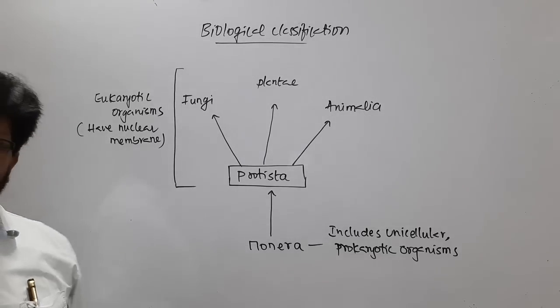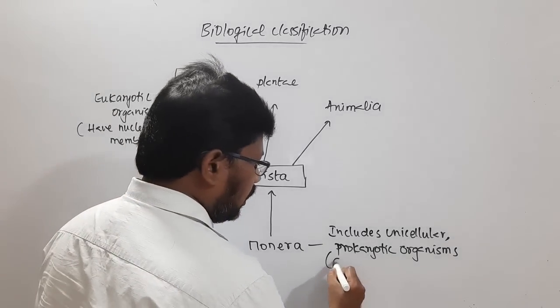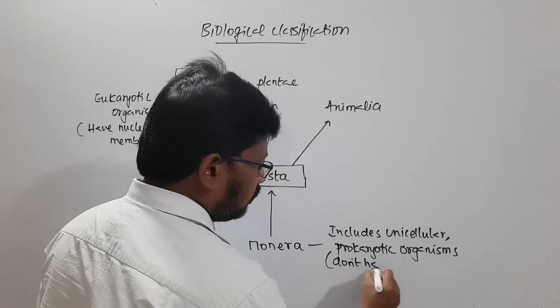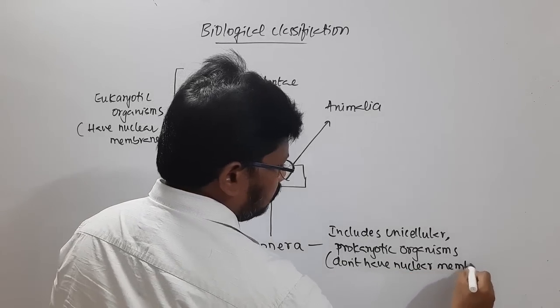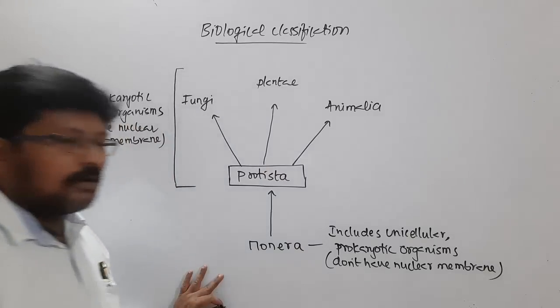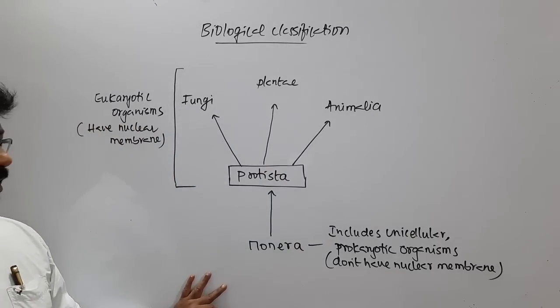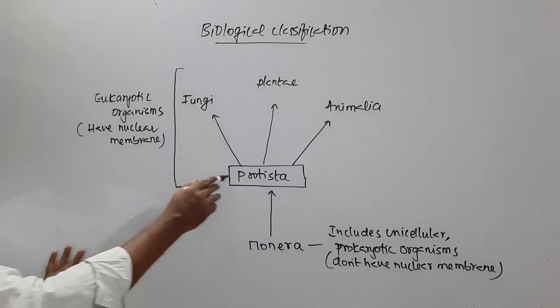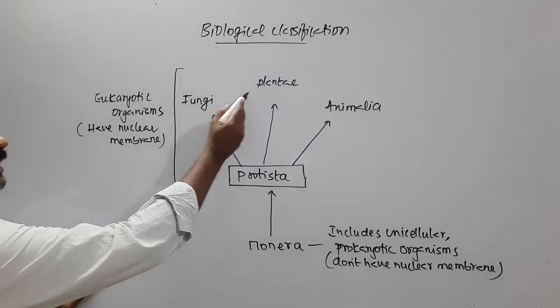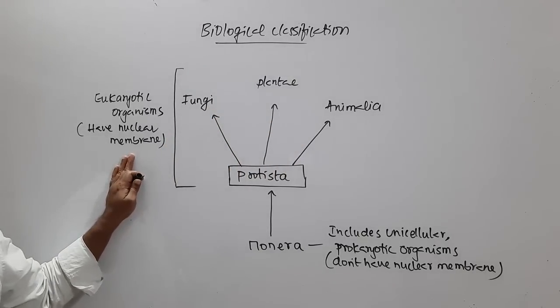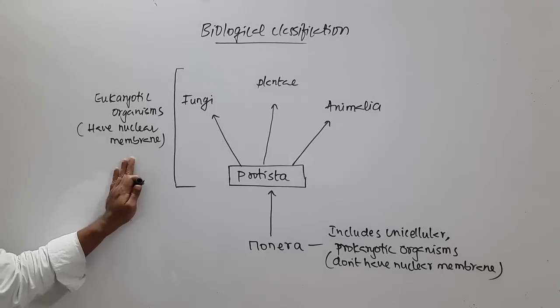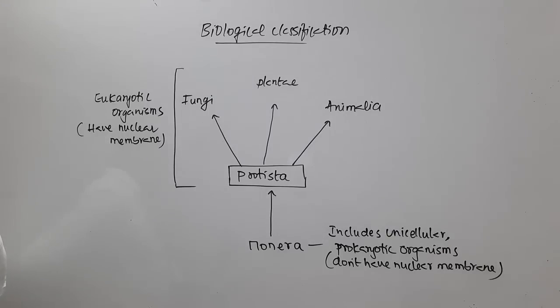Whereas prokaryotic organisms do not have a nuclear membrane. So all of these, Protista, Fungi, Plantae, and Animalia, will have a nuclear membrane. That is about the presence and absence of a nucleus.